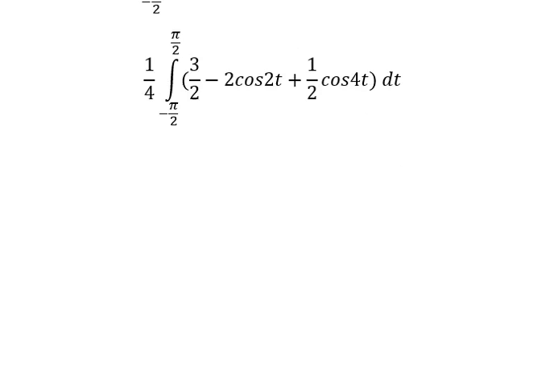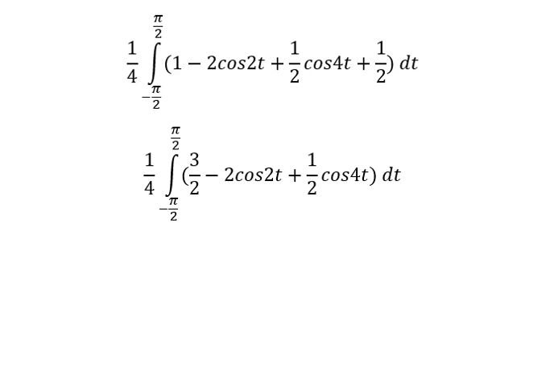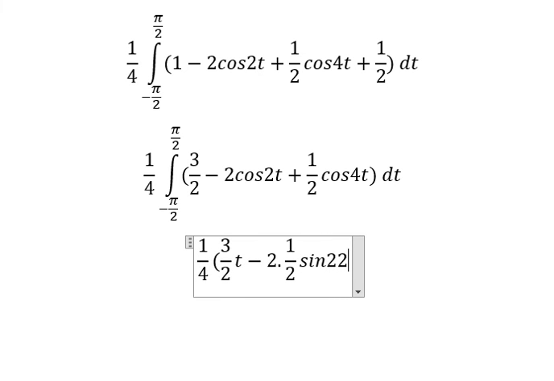And now we can get the final answer. The integral of 3 over 2, we have 3 over 2 t. The integral of cosine 2t, we have 1 over 2 sine 2t.